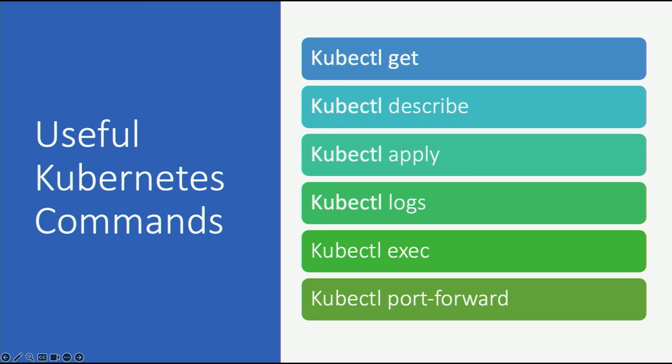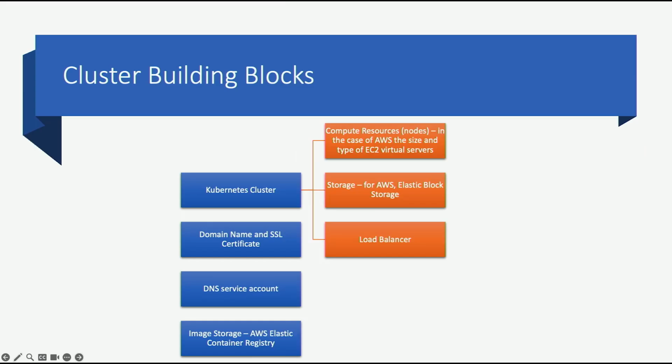You could effectively build what's called a manifest file and apply it. And Kubernetes, the controller, will respond and deploy those resources for you automatically. You could obviously delete resources with these commands, and you can get log information when things break down.